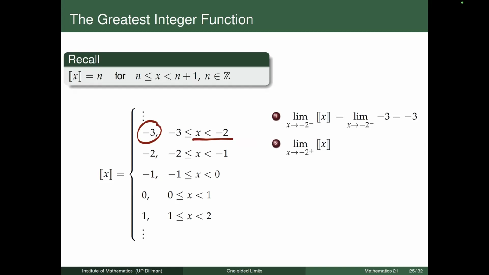Negative 2 from the right means x is greater than negative 2. So the GIF is equal to negative 2. And the limit of negative 2 is negative 2. So our conclusion is that the limit does not exist at negative 2. Let me just write that.